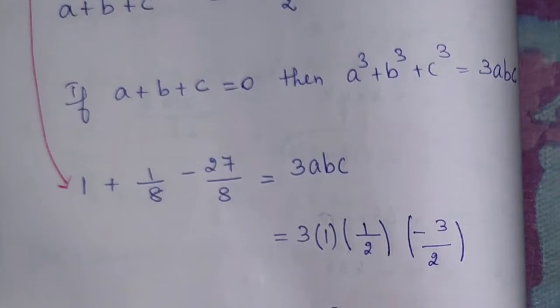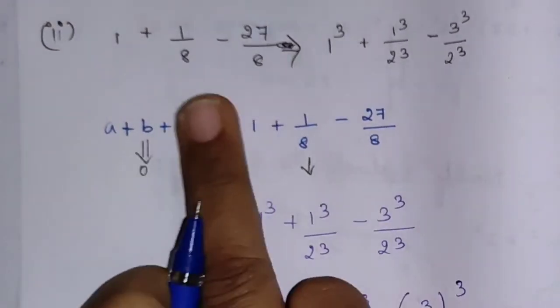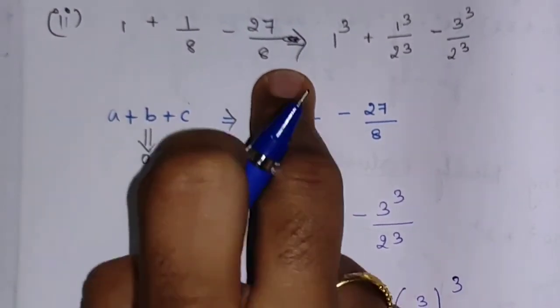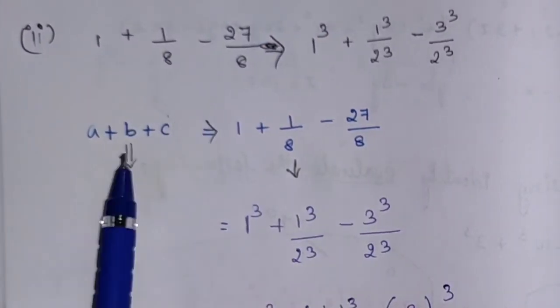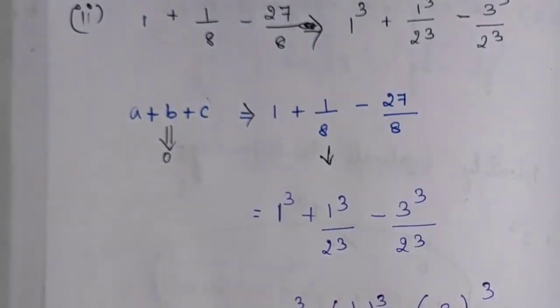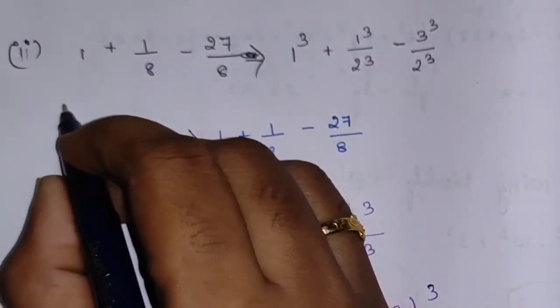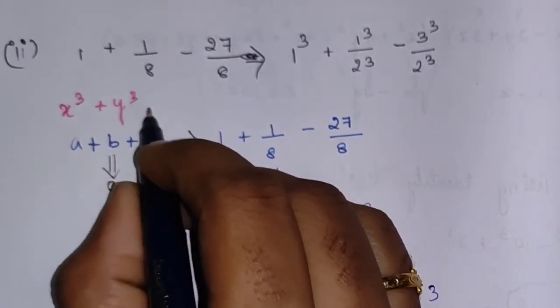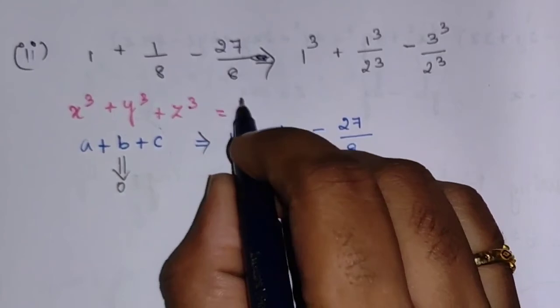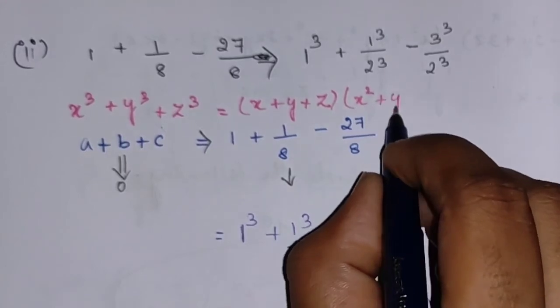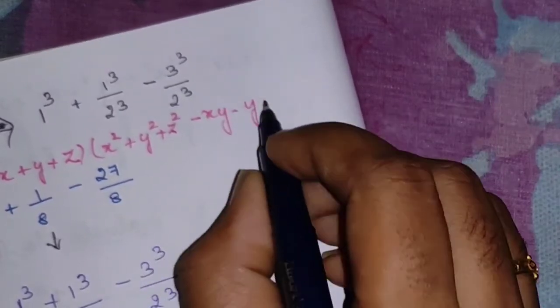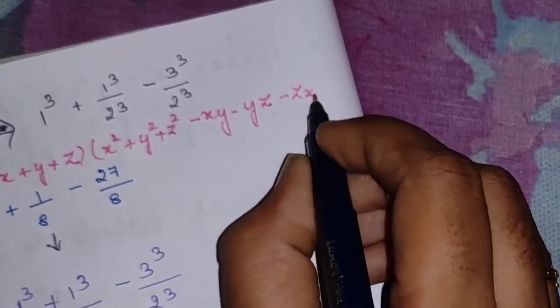I'll repeat it again. Okay, first 1 plus 1 by 8 minus 27 by 8. This is your question. You are asked to find the value for this. Okay, so using identity, right? We have learned the identity, that is x cube plus y cube plus z cube minus 3xyz is equal to x plus y plus z into x square plus y square plus z square minus xy minus yz minus zx.